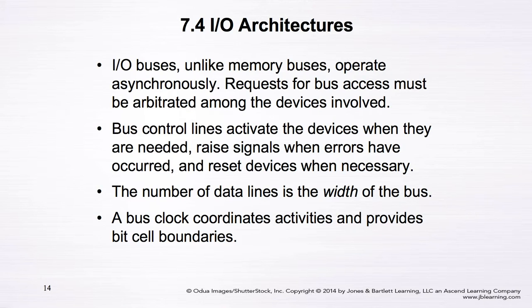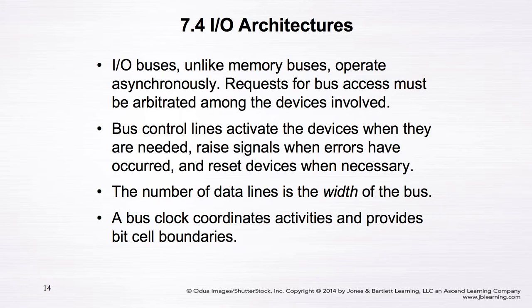On the other hand, I/O buses, unlike memory buses, operate asynchronously. So basically, requests for bus access must be arbitrated among the devices involved. The bus control lines basically activate the devices when they are needed, raise a signal when an error has occurred, and it's also possible to reset the device when necessary.